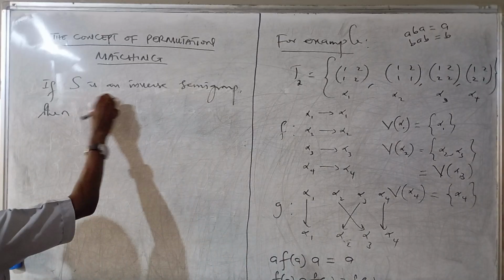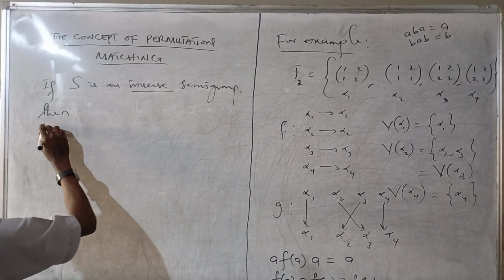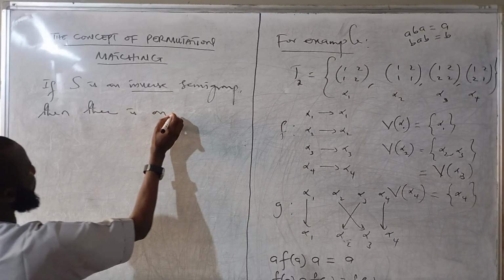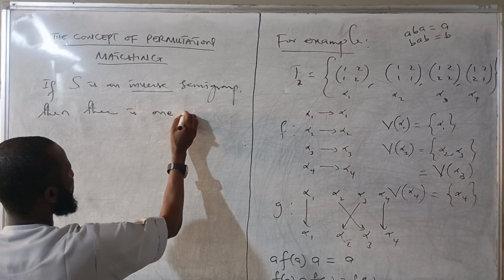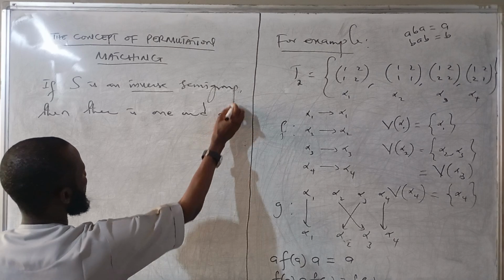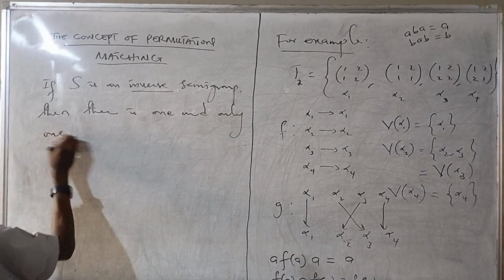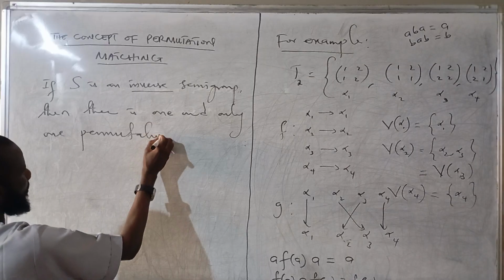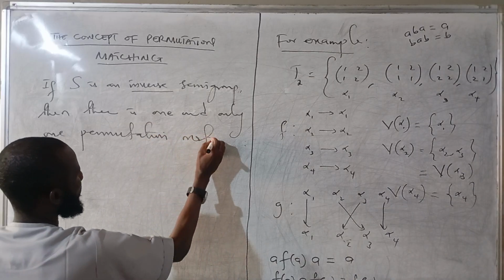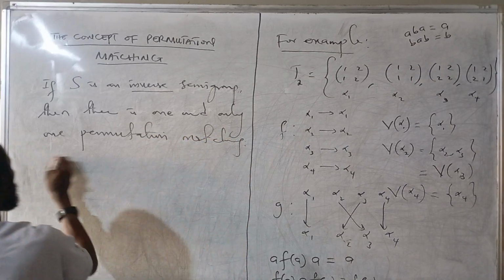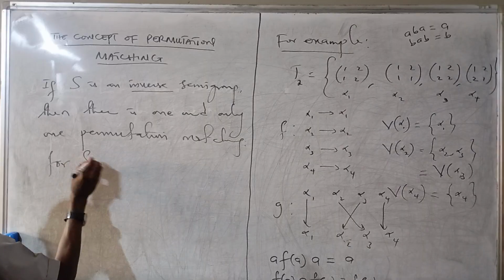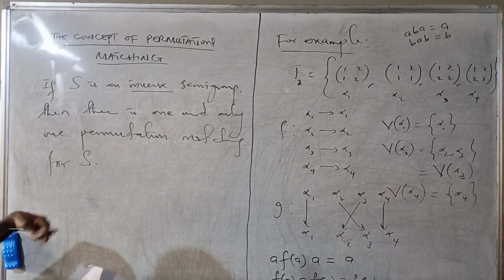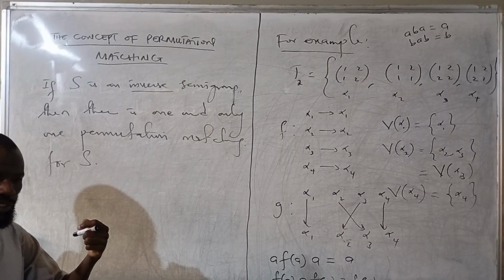But for an inverse semigroup, what I mean to say is that there is one and only one permutation matching for S. That is, there is only one permutation matching for S.